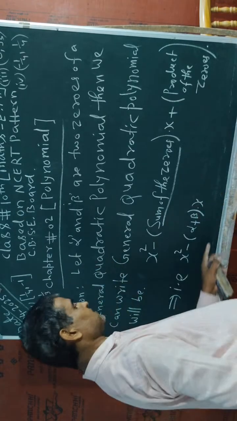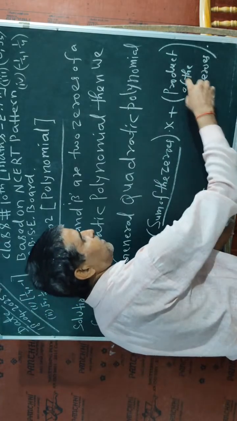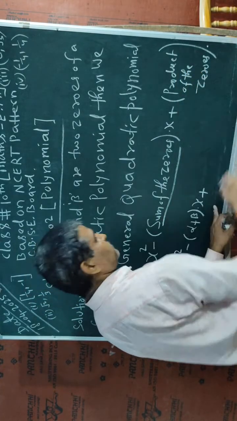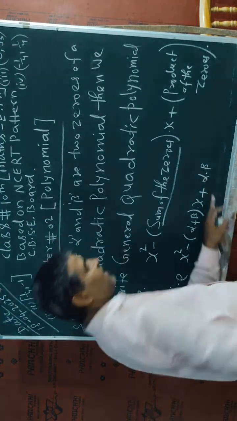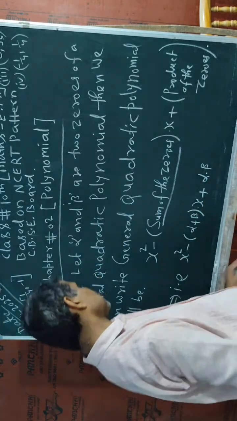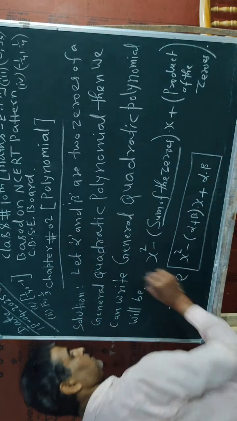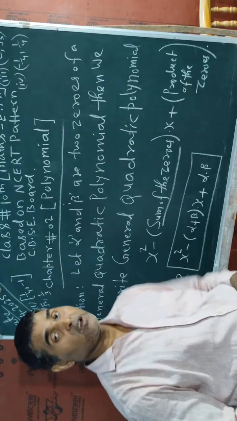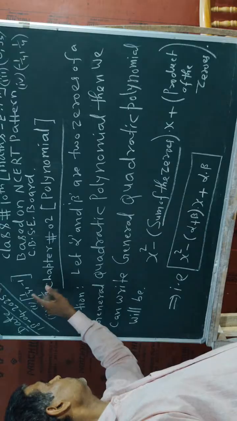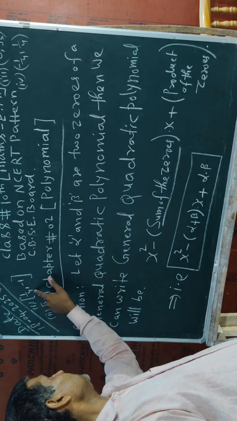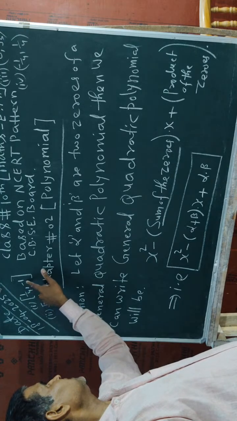Here I will write x, and here is a plus sign, so I will put plus here. Here the product of zeros means one zero is alpha and the other zero is beta, and we will take its product. So this will be the general quadratic polynomial. In each and every step we get one root: the sum of the zeros is 1/4, meaning alpha plus beta is equal to 1/4, and the other is -1.